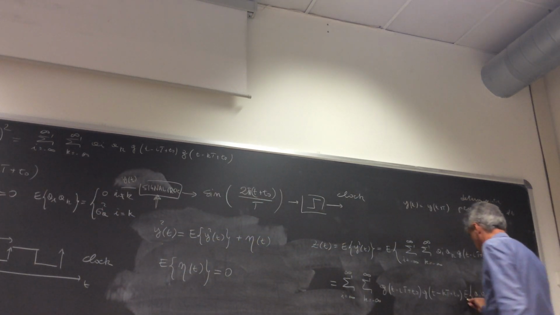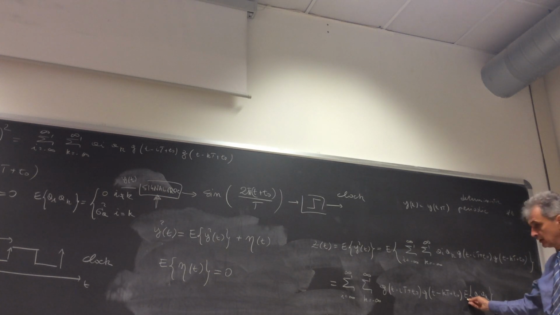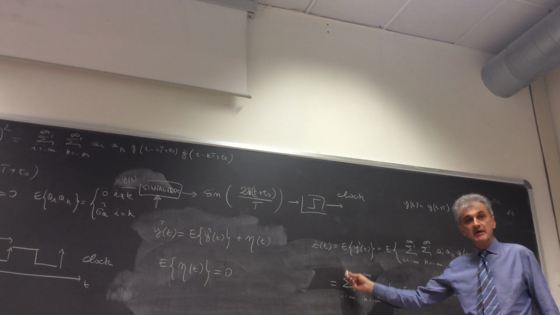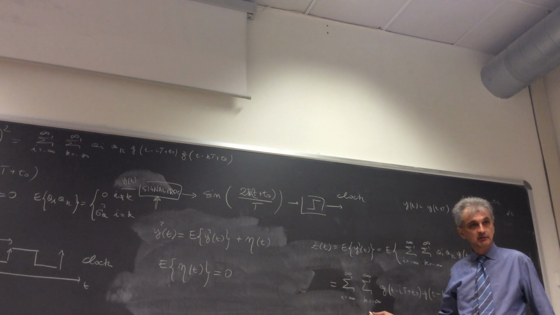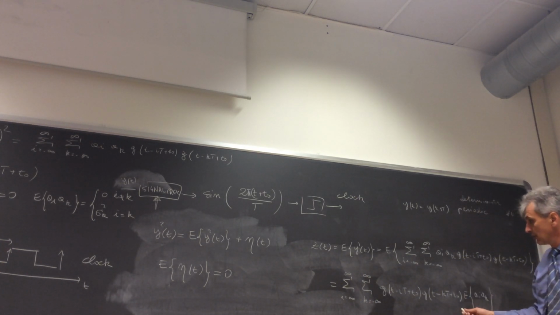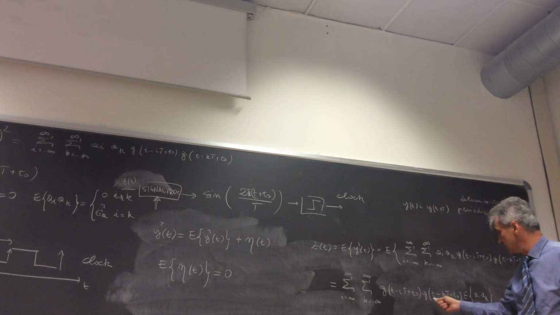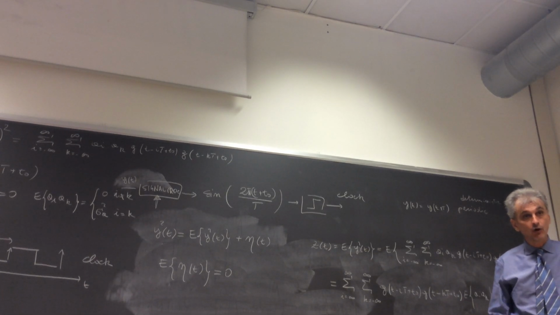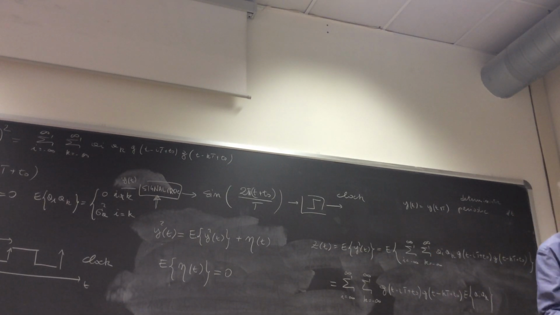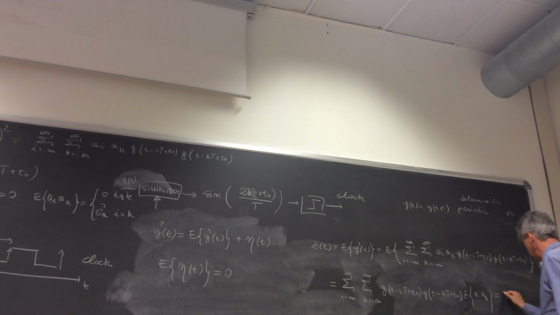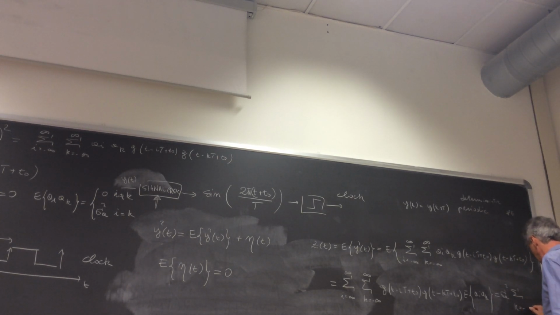So if we put the assumption here, what remains of this double sum? Well, it remains only the terms with i equal to k. Yes. All the other terms disappear. And so we get the result, sigma a to the square by the sum over k from minus infinity to plus infinity of g to the square of (t minus kT plus t0).